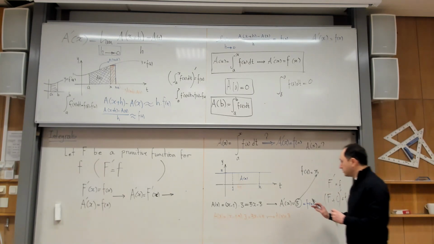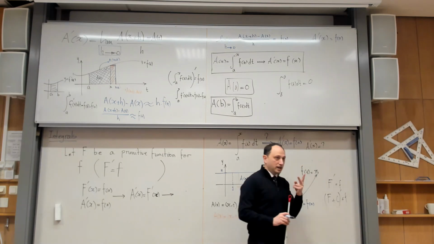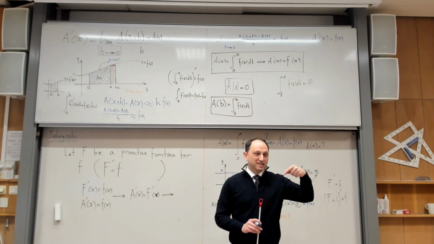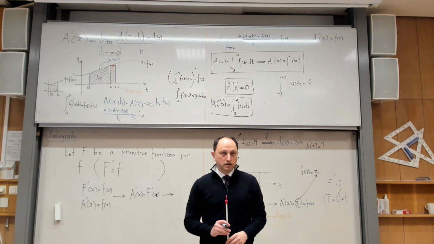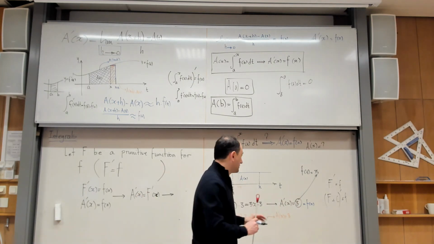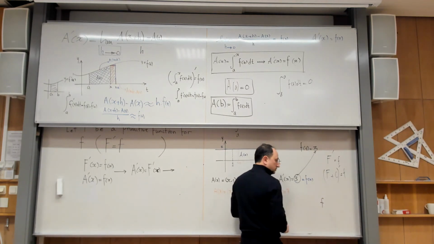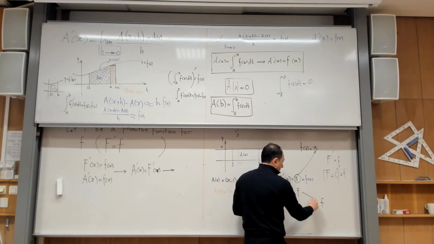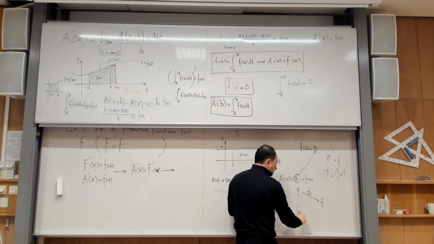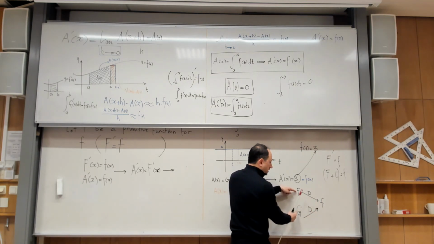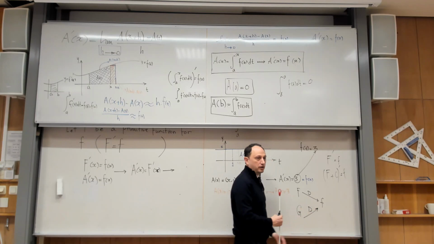The converse statement was, if I have two functions that are primitive functions for the same function, what can I say about the two functions? Assume that I have one function, capital F, whose differentiation gives me f, and capital G, whose differentiation gives me f as well. I have two functions whose derivatives are the same function.